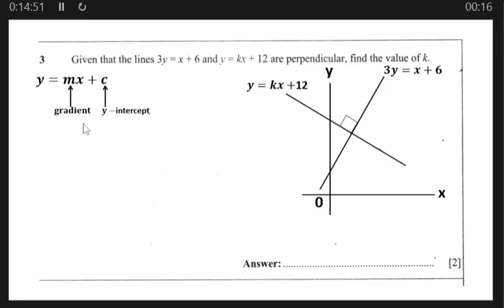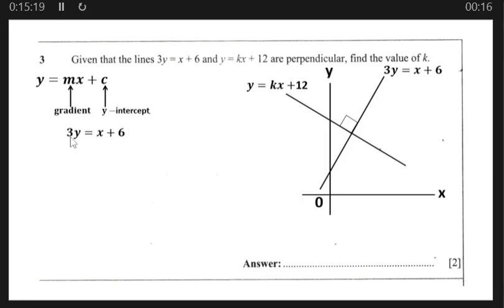All right, so let's write this one in standard form, because this one is already in the standard form, but this one is not yet. So we'll say 3y = x + 6. In order to make it the standard form, we'll make y the subject of the formula. If you don't know how to make something the subject of the formula, click on the video whose link is appearing here to learn more, but I'll also teach you here.